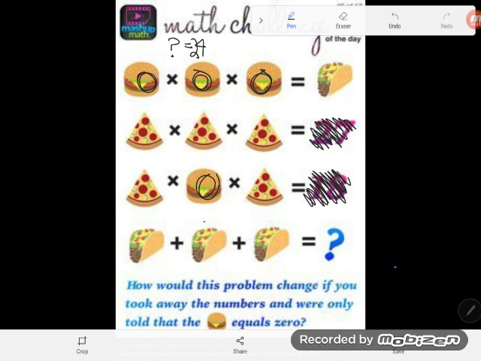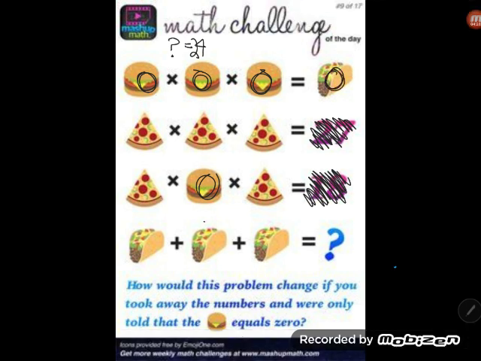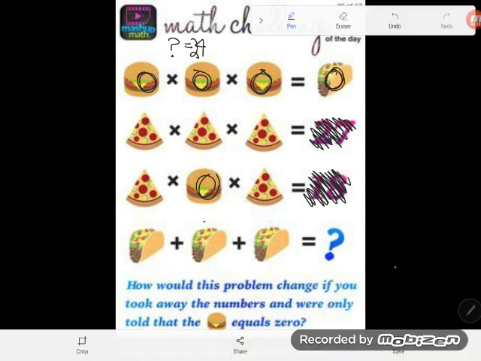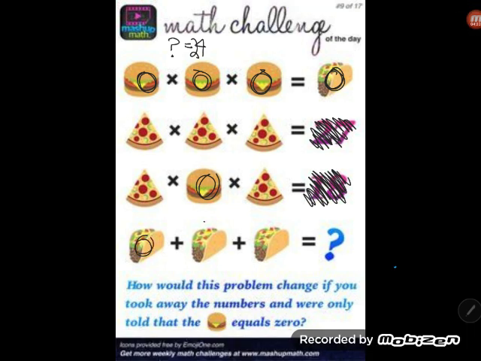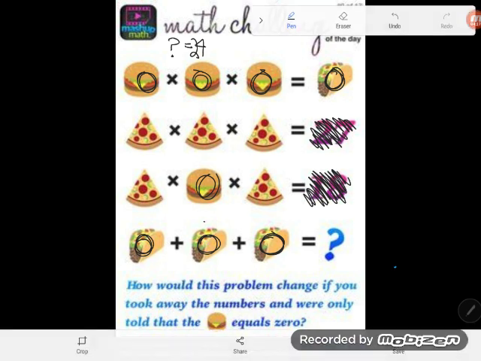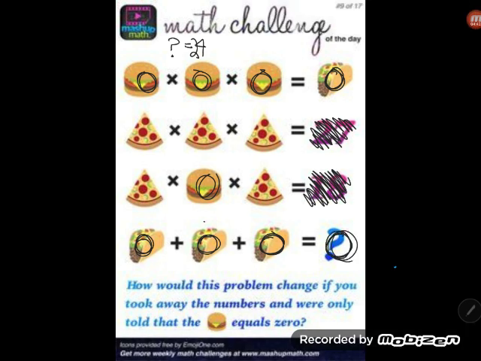See why I want to tackle that one? This time I know all the zeros and I'm looking for taco. That's the only unknown. So of course 0 times 0 times 0 would be 0. So then every taco I see would be worth 0 too. And down here, tacos 0 plus 0 plus 0 is 0.